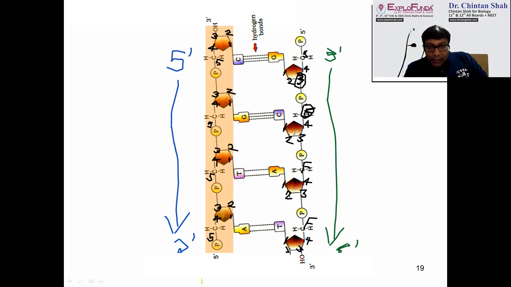Again, look here. This nucleotide's third carbon combined with next nucleotide's fifth carbon. That is this one. Yes or no? That's why this is known as the first nucleotide's third carbon, and that's why it is known as 3 prime.